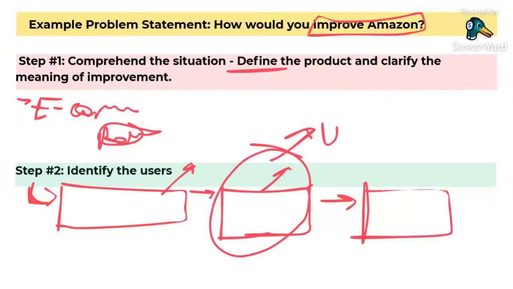Is user persona the same as user needs? No, a user persona represents a set of users using a product. Let's say a user persona can be a college student who is representing the entire college student community. The other persona could be a corporate employee working at a company.